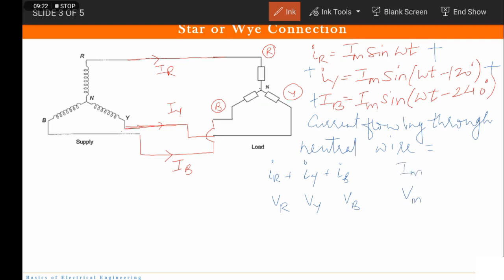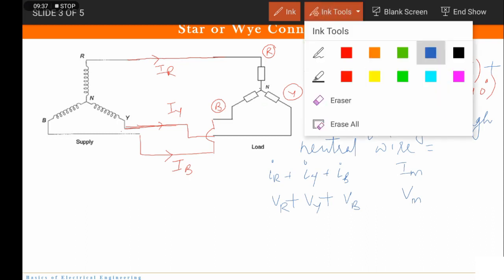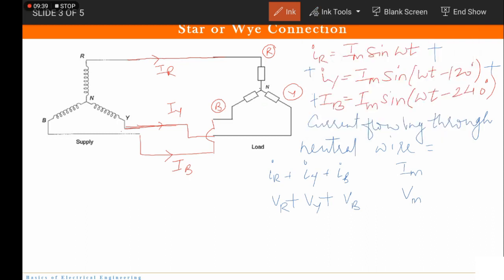It means that whatever result was obtained after adding them there, the result is going to be the same. So what can I conclude? If you remember, the sum of all these voltages was 0.